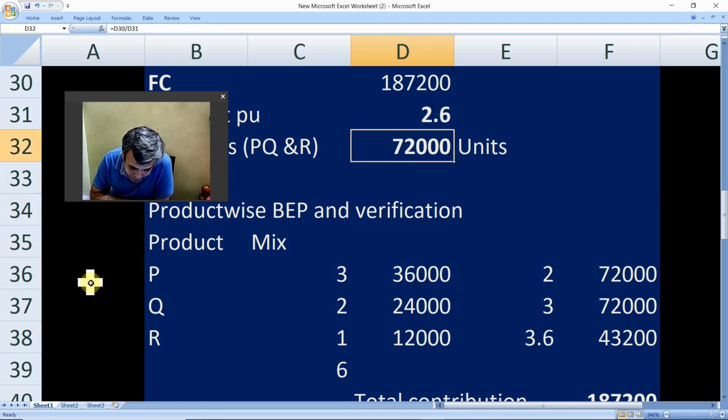See here, we found out BEP for all the three products put together. Now I am breaking it into the three respective products. I have used the given product mix.